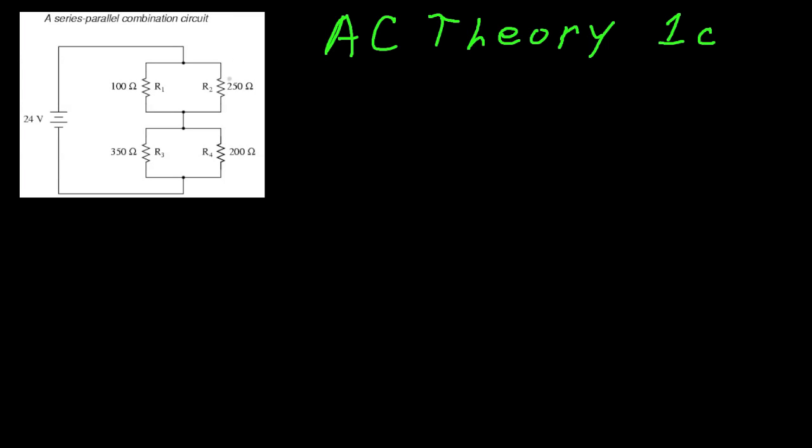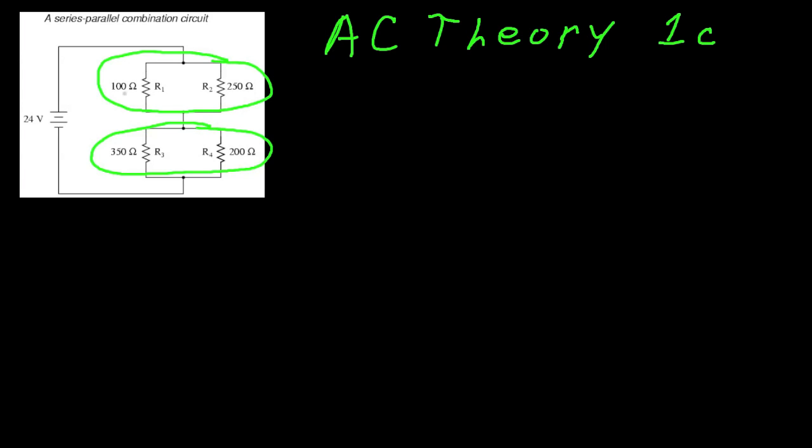So the first thing we need to do is find two resistors in the circuit that we can combine that won't affect the function of the circuit as we combine their resistances. So we're looking at these two resistors right here, this pair and this pair.